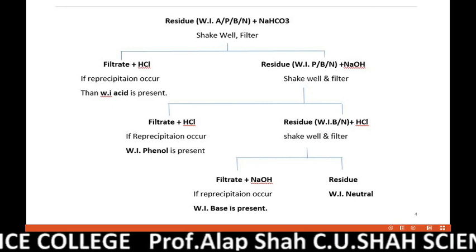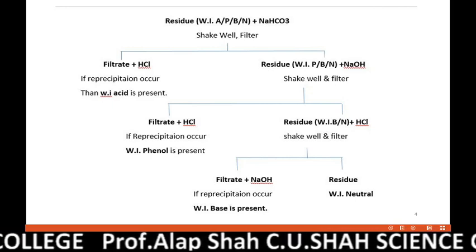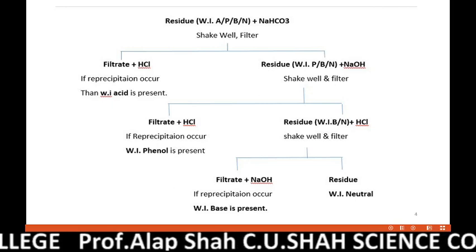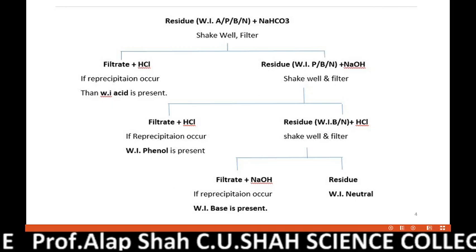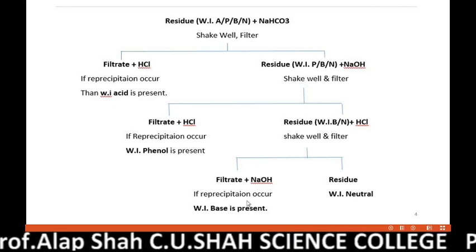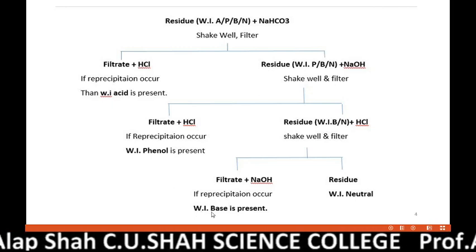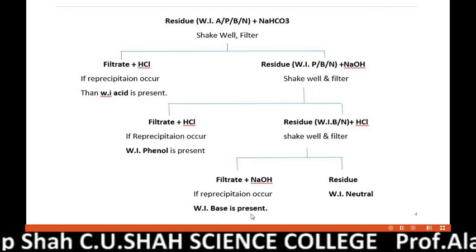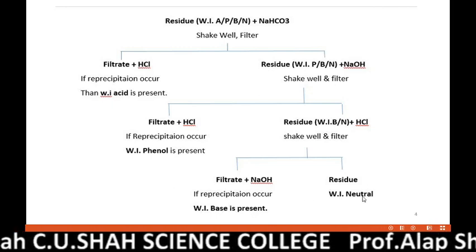So we will get base plus neutral mixture plus HCl in the test tube. Shake it very well. So if the base is given to you, let the base dissolve into the HCl. Neutral won't dissolve. And in the filtrate, add NaOH. If reprecipitation takes place, then you would say water insoluble base is present and the residue will contain water insoluble neutral.